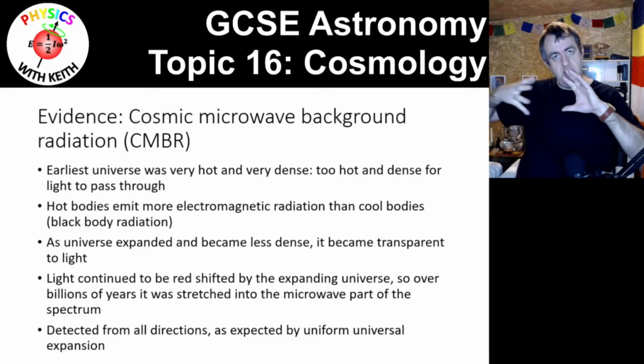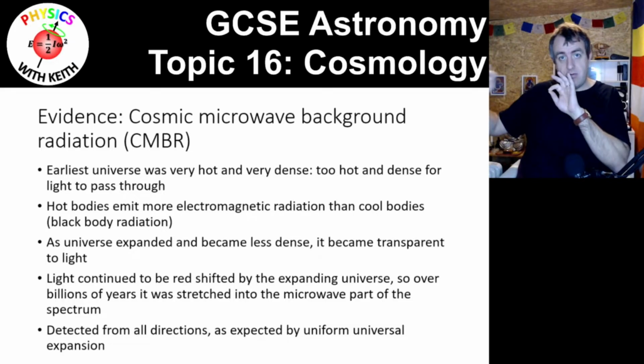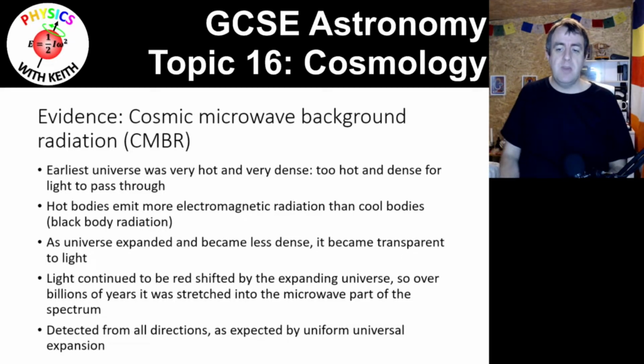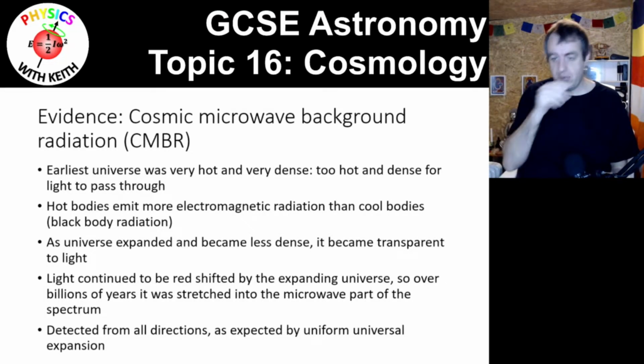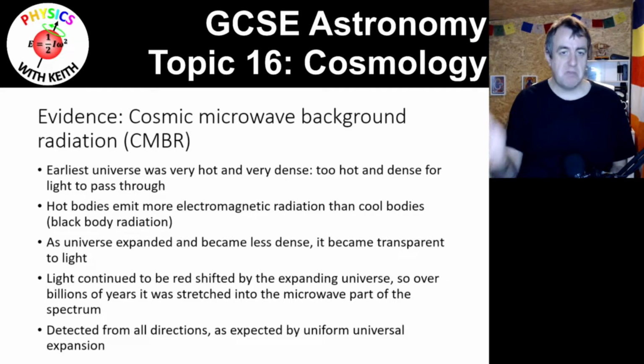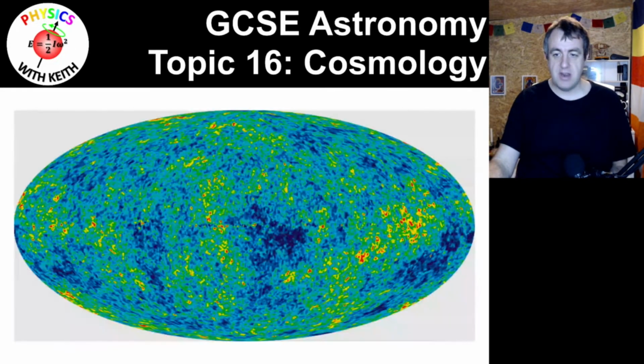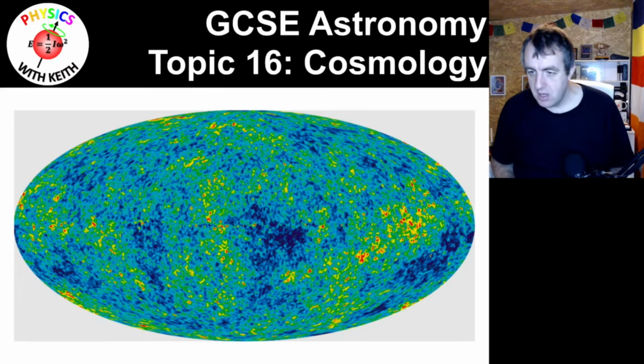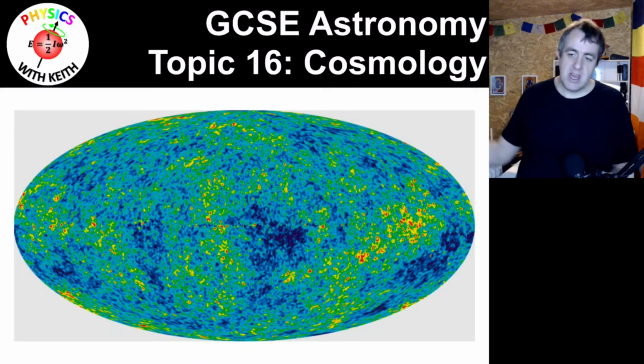But redshifted over 13.7 billion years of universal expansion, it would be shifted right the way down into the microwave region. And that is exactly what we observe. We observe cosmic microwave background radiation. It's as simple as that. The steady state theory can't predict the existence of this type of radiation. There's a beautiful picture of a cosmic microwave background radiation map, zoomed nicely in so you can see it.